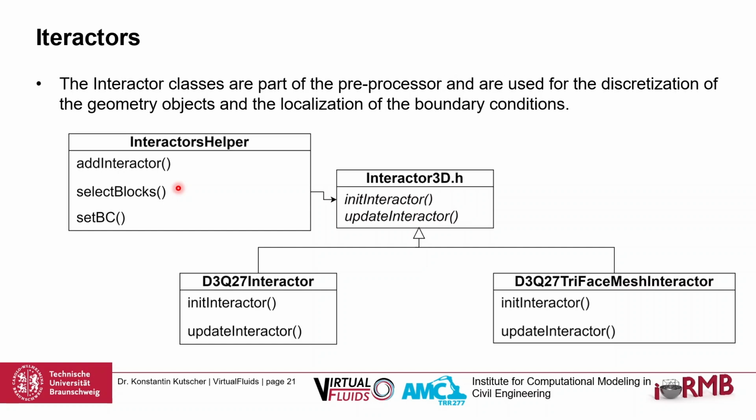Then at this point we can generate a grid, first on the coarse block level, then set BC, then dedicate nodes as fluid or solid, on the boundary and so on. So these are the three functions.